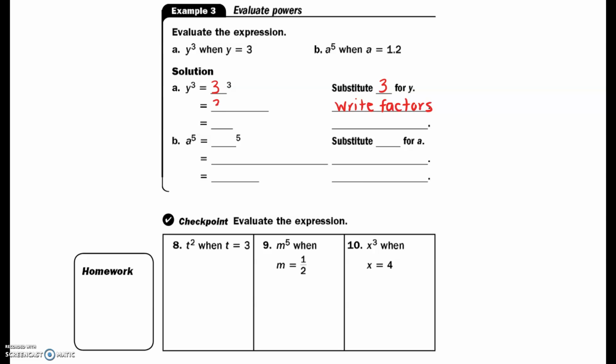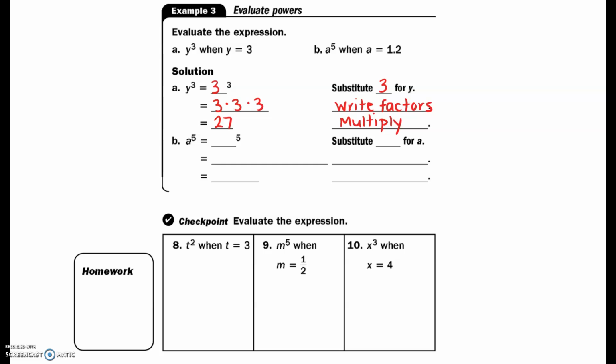So this means we're multiplying 3 times. Well, 3 times 3 is 9, and 9 times 3 is 27. So in this case, once we multiply those 3 numbers together, our final answer would be 27.